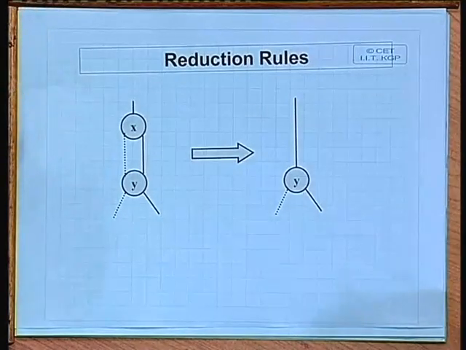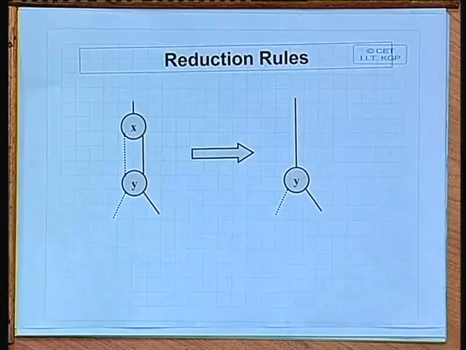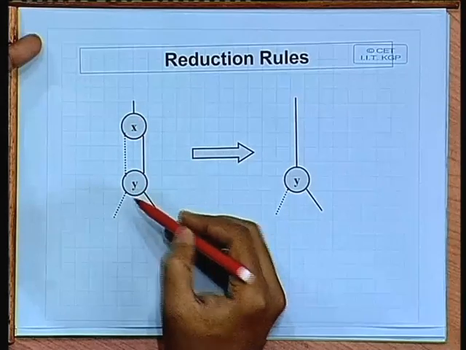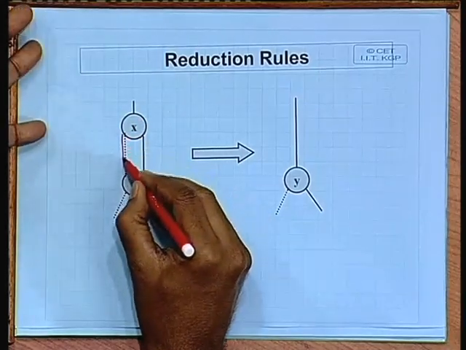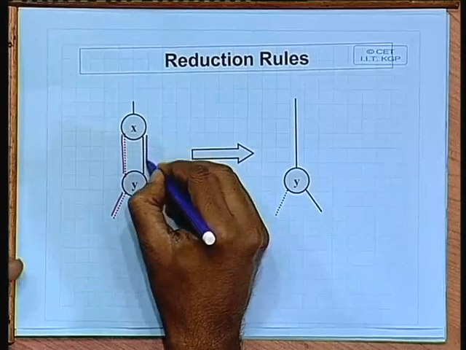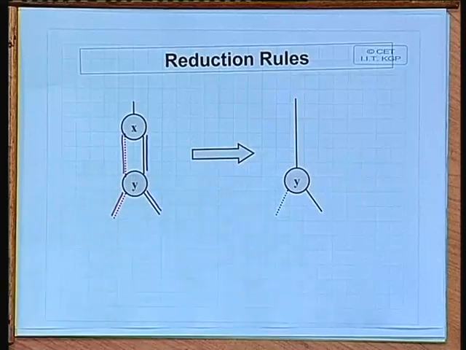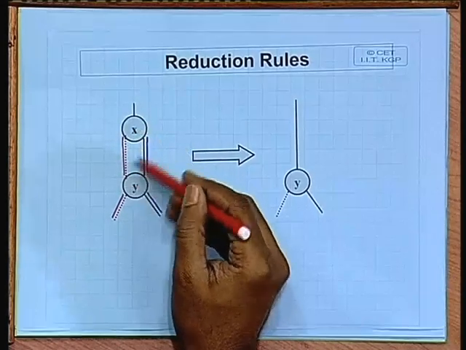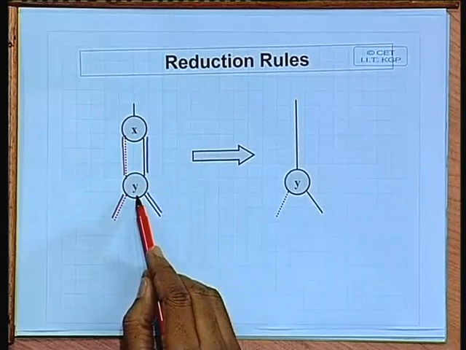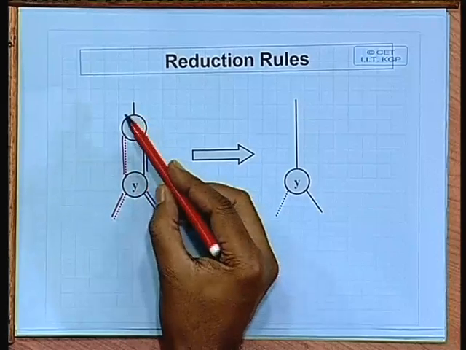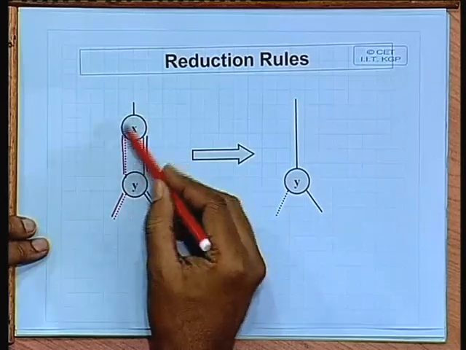The first reduction rule is this. It says that if in the graph you have two nodes like this, where these are the negative edges or the dotted lines, these are the positive edges. Then if from a node both the negative and the positive edges are leading to the same node in the second level, then you can omit this x, because it does not depend on x.